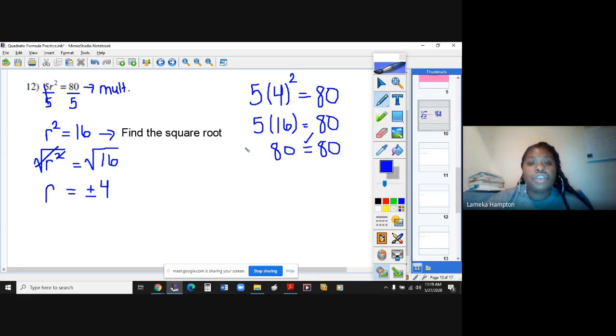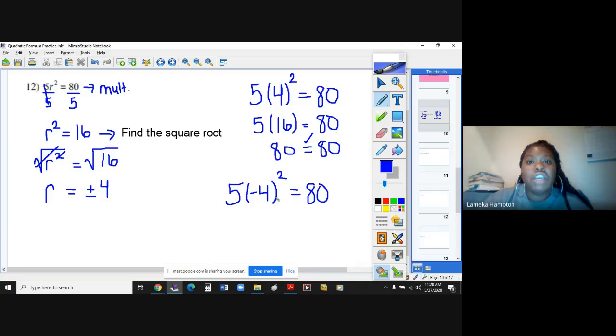Okay. Now I'm going to do the same thing with the negative 4. So I want you to pay special attention. We have 5 times negative 4 squared, and that's going to be equal to 80.